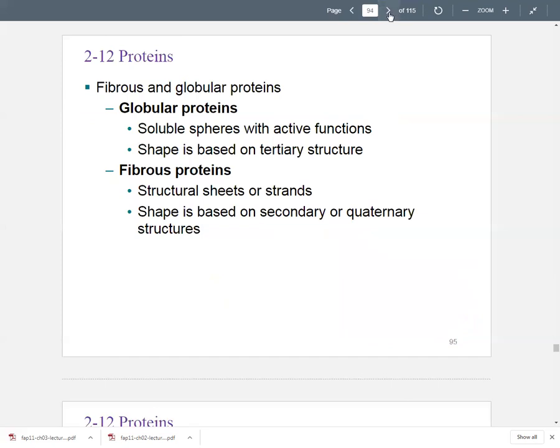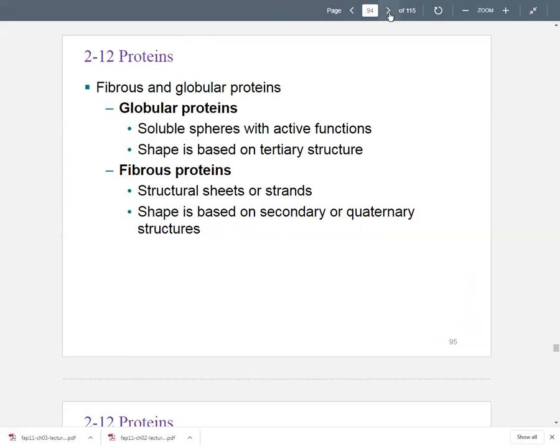Okay. When we just talked about collagen, you also have fibrous proteins and globular proteins. All right. So fibrous proteins are basically sheets or strands, and their shape is determined based on their secondary structure or the quaternary structure.